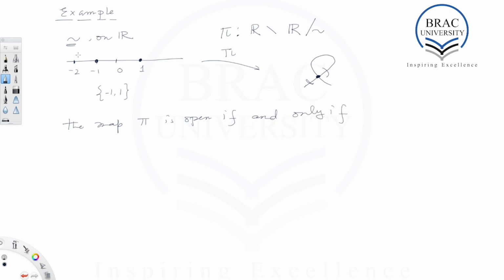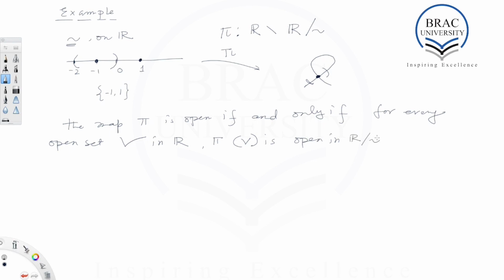we take an open set from this real line. Pi is open if and only if for every open set V in R, pi V is open in the quotient space.